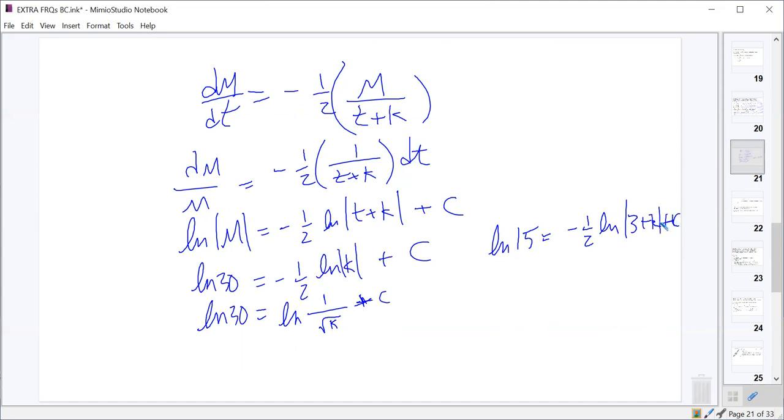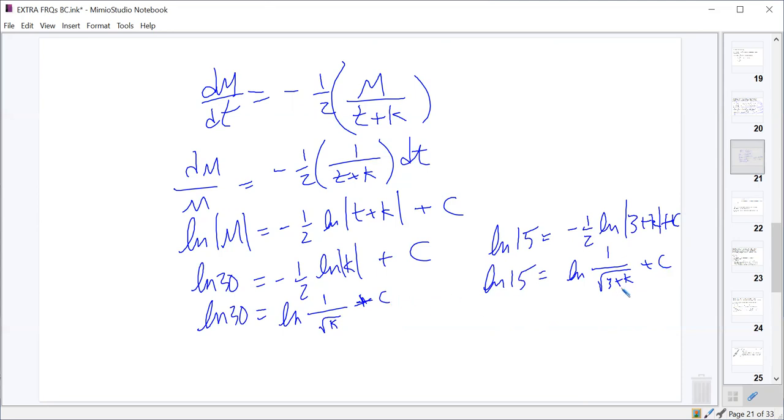And we could rewrite that as natural log of 15 equals the natural log of 1 over the square root of 3 plus k plus this other constant. And these constants should be equal to each other.